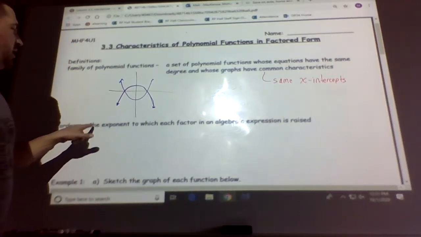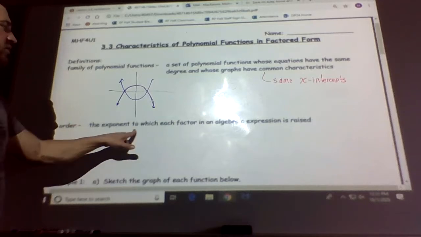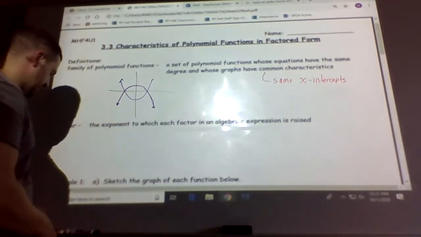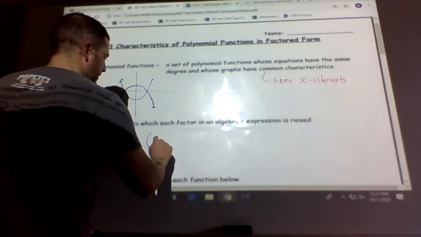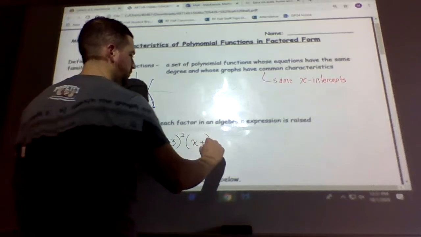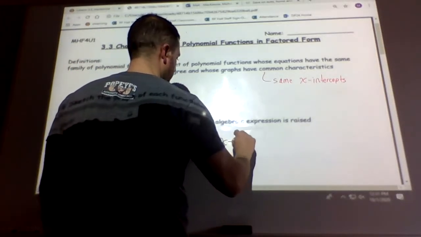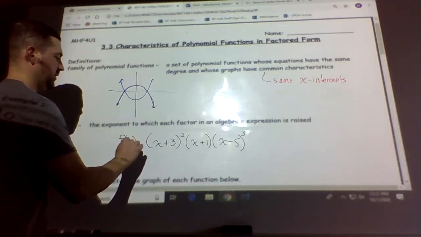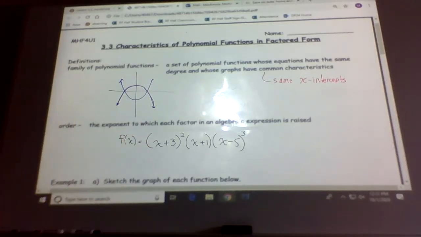Okay, order, so we have to know this. Order is the exponent to which each factor in an algebraic expression is raised. So for instance, let's just say we had an equation as such.